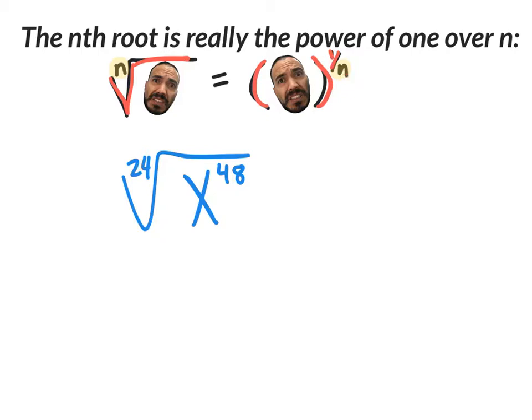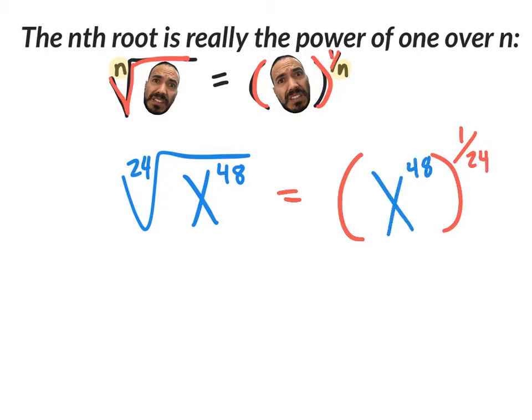So I'm going to rewrite it as a power of 1 over 24, and on the inside, you have x to the 48. Now remember, a power to a power, you multiply. 48 times 1 over 24 really becomes 48 over 24, which means 48 divided by 24. And 48 divided by 24 is x squared.